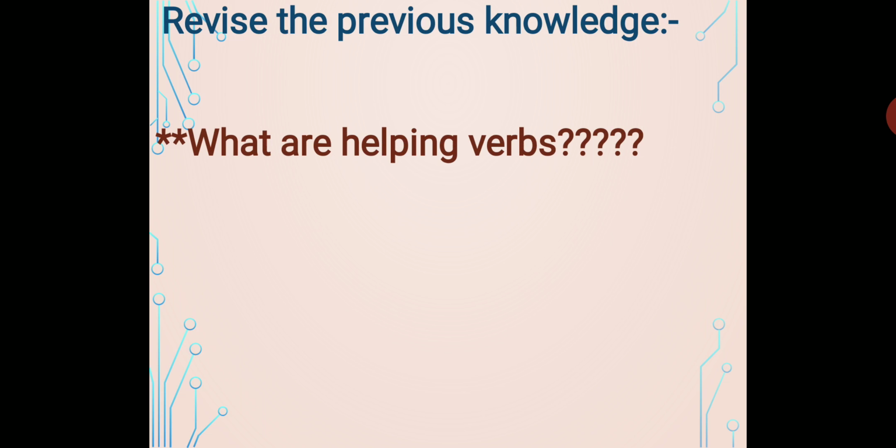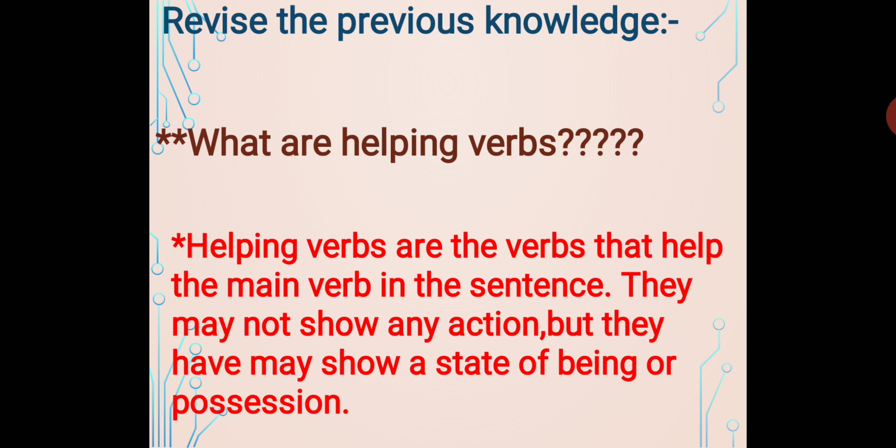And what are the helping verbs? The helping verbs are always with the main verb in the sentence, and they do not show any action, but they may show a state of being or possession.